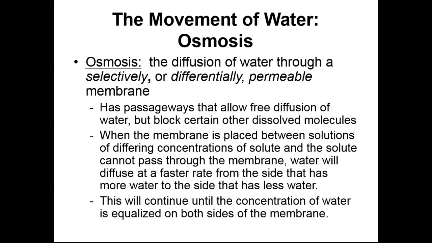These special channels that allow water through are typically called aquaporins or water holes. Sometimes these membranes are going to be designed in such a way that water can travel freely through the membrane regardless of the aquaporins, but larger ionic compounds or even larger macronutrients or macromolecules cannot move through the membrane.